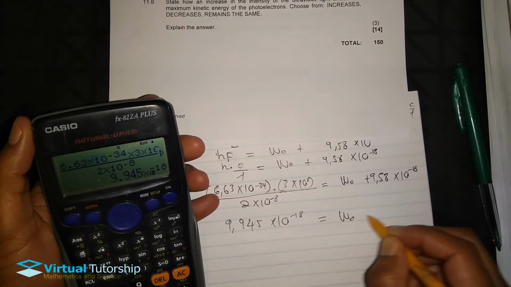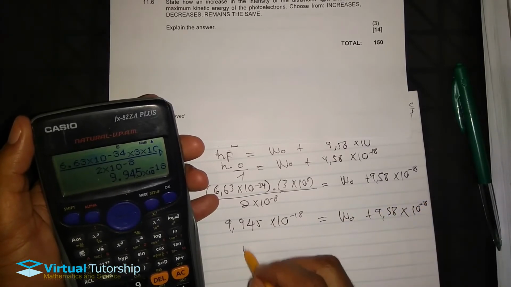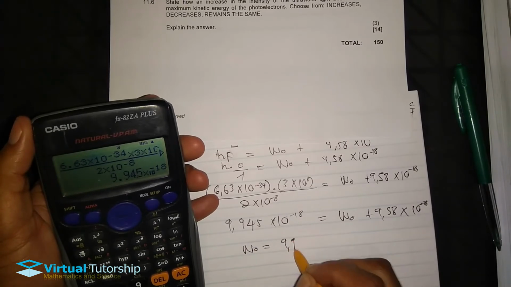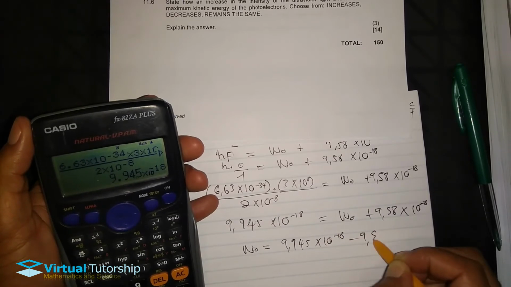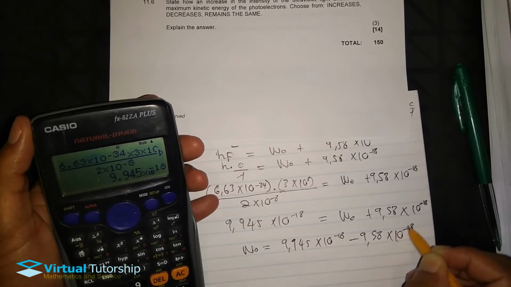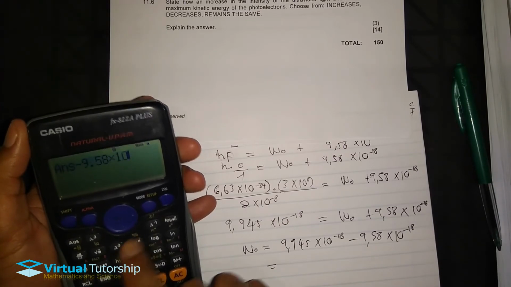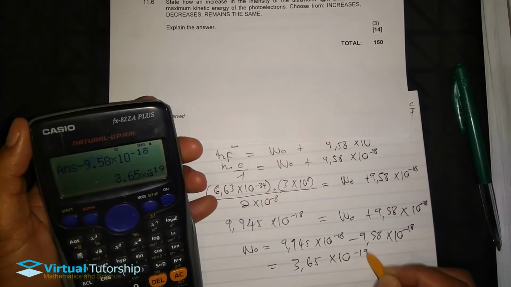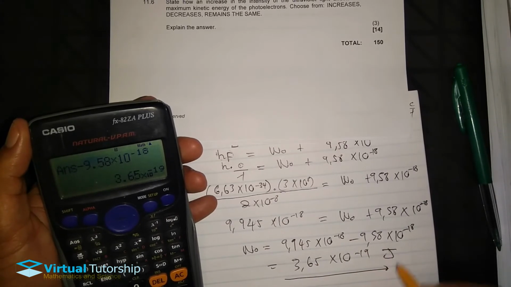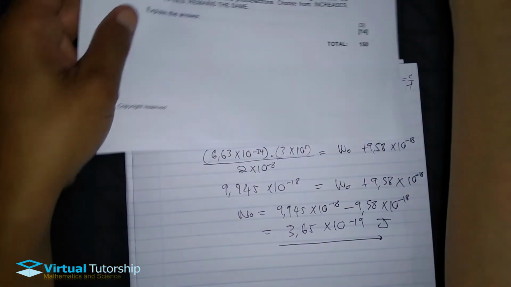So the work function is equal to 9,945 times 10 minus 18 minus 9,58 times 10 minus 18, which is 3,65 times 10 minus 19. So this is our work function in joules, and this is our answer for this question.